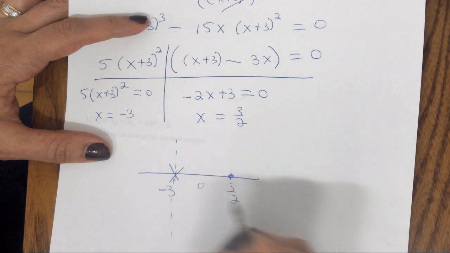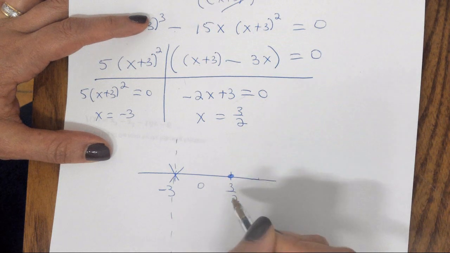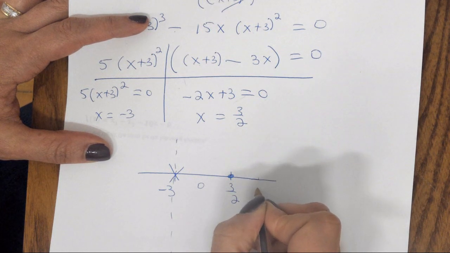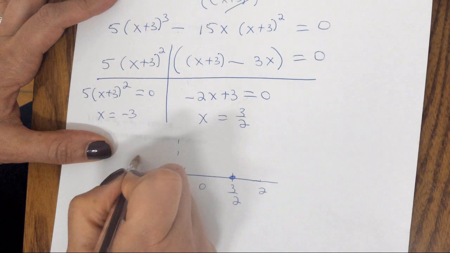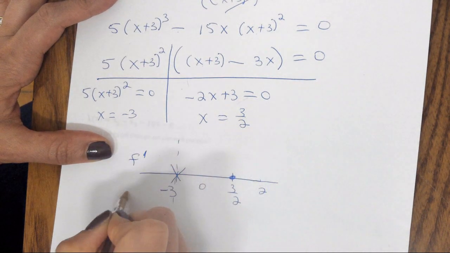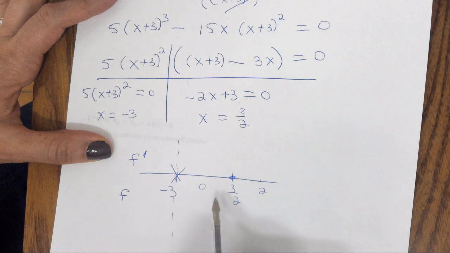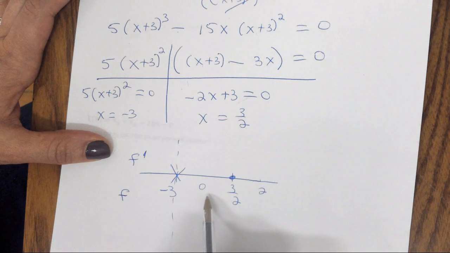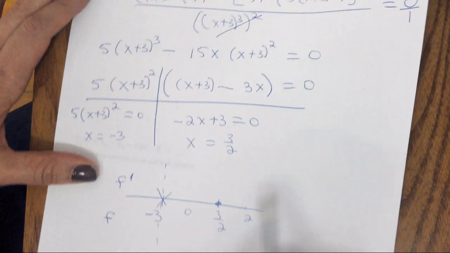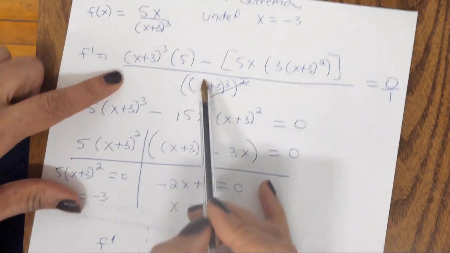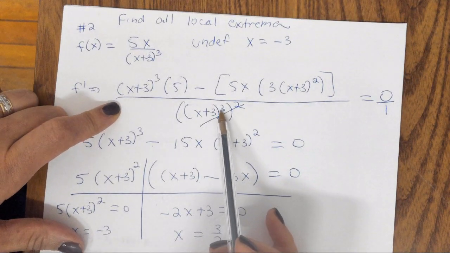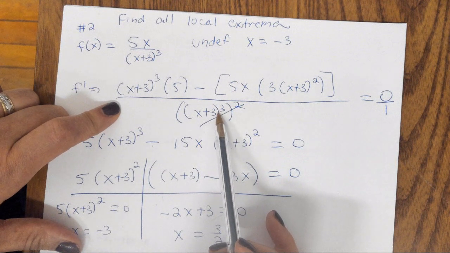So we can test 0, and 3/2 is 1.5, so we can check 2. And so now, remember this is f prime, down here is f. We're plugging 0 into the derivative. When I plug 0 into the derivative, so we can plug it back into here, let's see what kind of number we get.